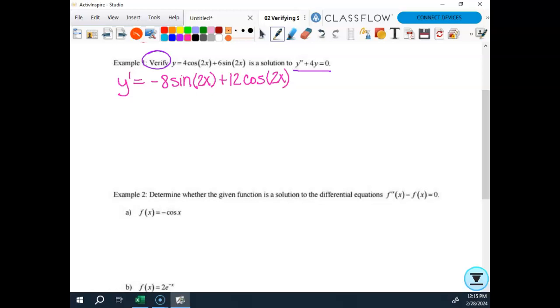There we go, that's what I was waiting for. What he's saying is he had y prime equals negative 4 times the sine of 2x times 2 plus and so on.